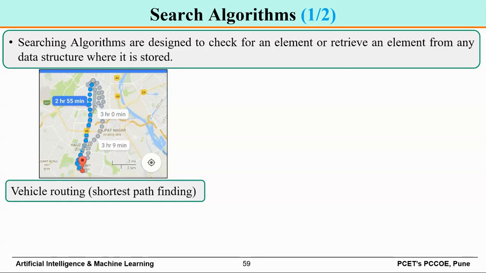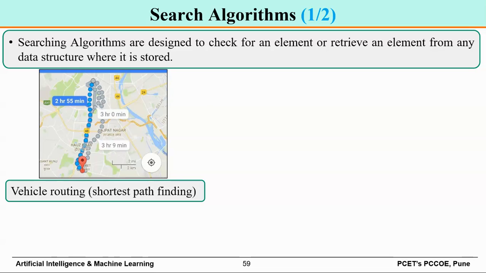Another example could be vehicle routing. For example, from this particular place, if you want to go to Delhi, there are so many routes, right? You can go via Madhya Pradesh, you can go via Mumbai, Gujarat, that route. So there are n number of routes available. When we search on Google Maps with the starting point and the destination, it will show you the alternate ways.